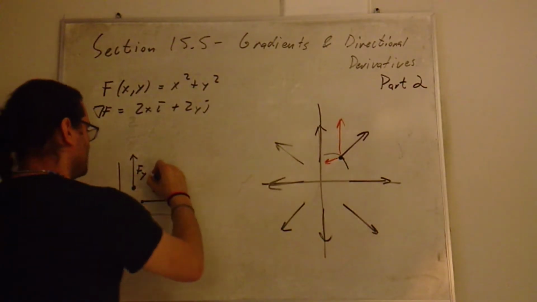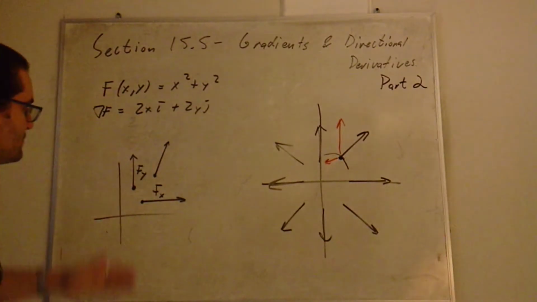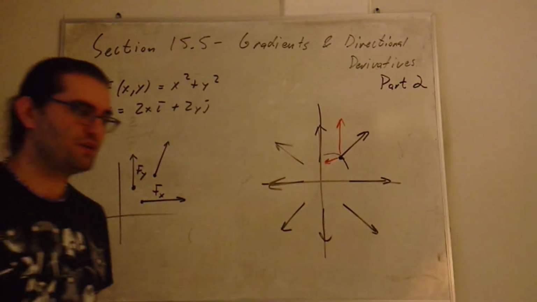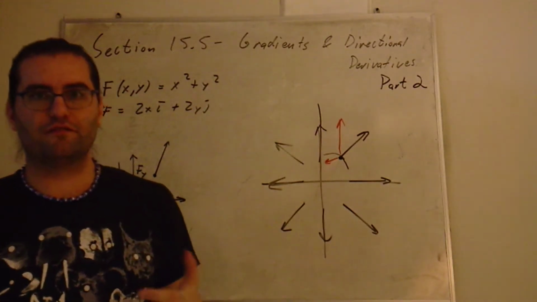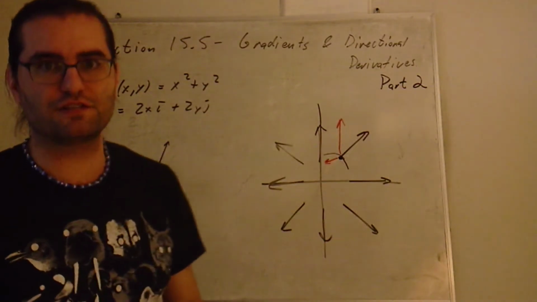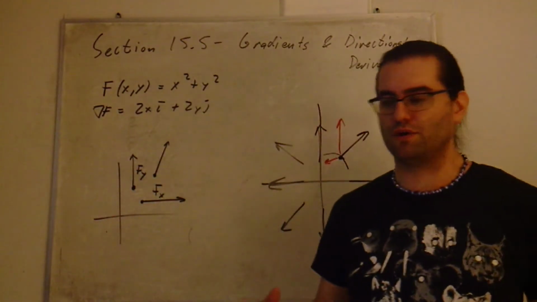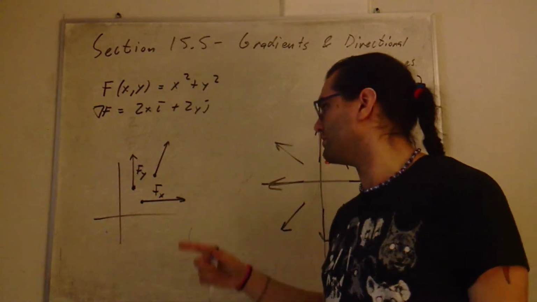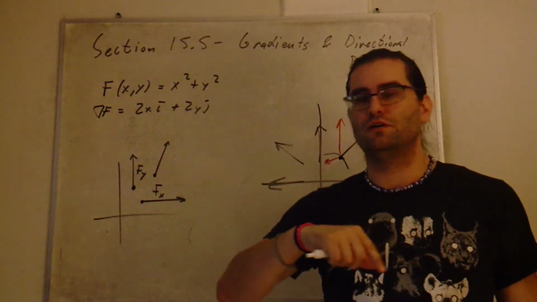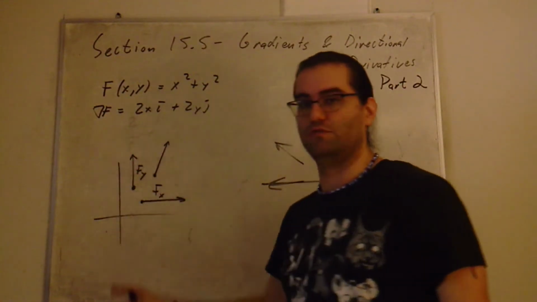But if we want to move in some combination of x and y, if we want to move along this vector, that's really what the derivative is for. The purpose of the derivative is to tell us the slopes of the function at certain points. And so the directional derivative is what's going to allow us to move beyond strictly horizontal or strictly vertical movement.